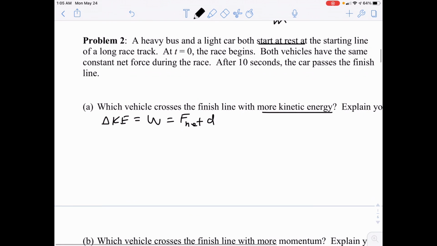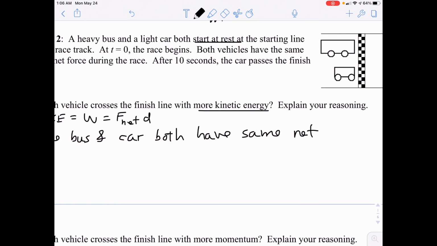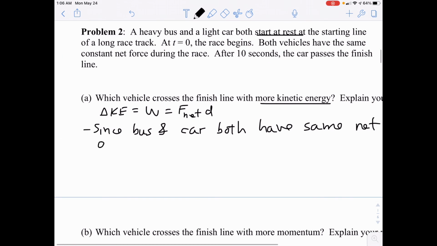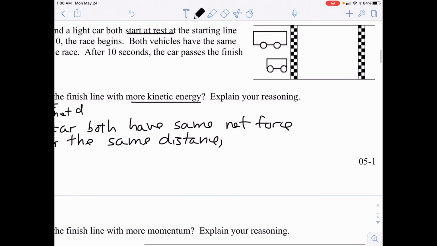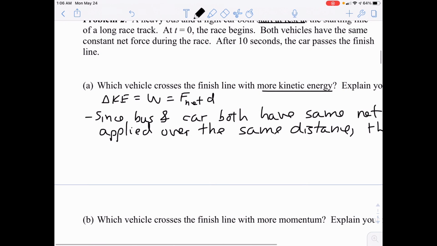Now, since the bus and the car both have the same net force applied over the same distance, they both have the same change in kinetic energy.